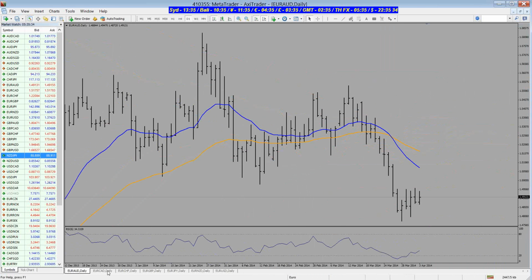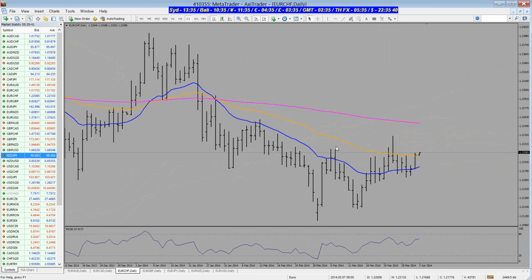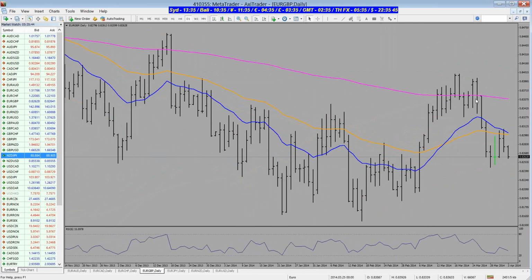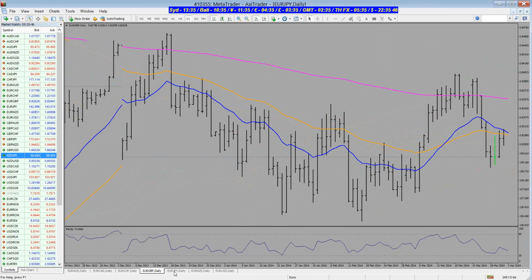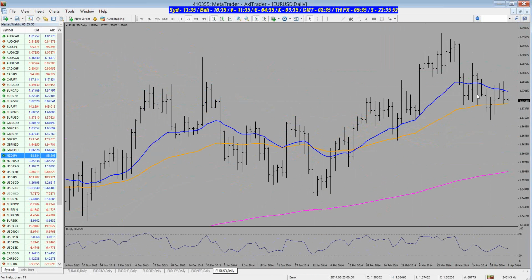The euro Aussie is underperforming, euro CAD underperforming, or just doing phase 2 effectively. Euro Swiss going bloody nowhere as it always does. Euro pound underperforming. Euro Kiwi underperforming. Euro US just doing bugger all. I think it's due for a run.